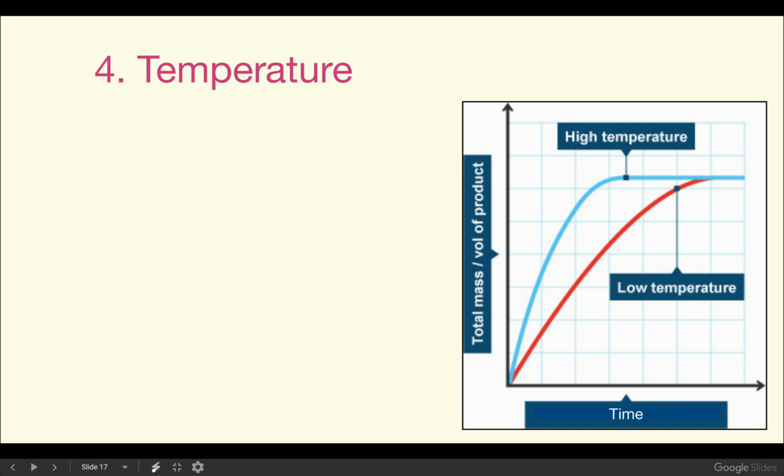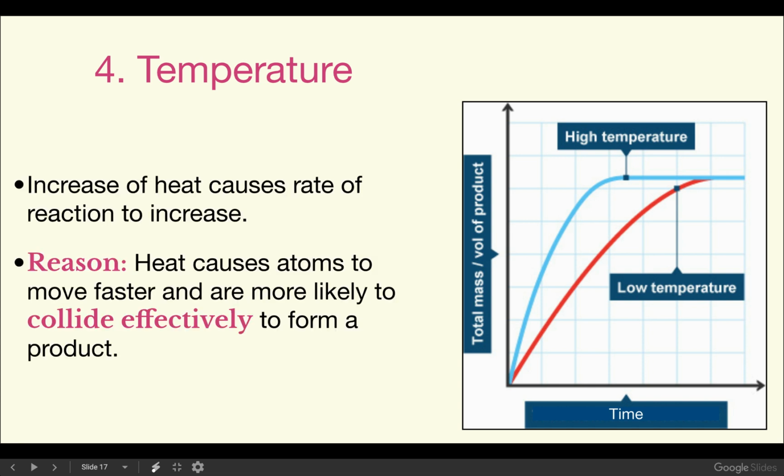That's why, as we increase the temperature of water, for example, sugar will dissolve into it more quickly, because the particles are vibrating and are much more likely to come in contact with sugar particles more quickly. It's explained here in what we call effective collisions. The more collisions you have, the more product you form more quickly.